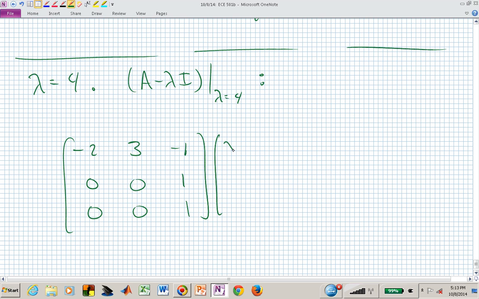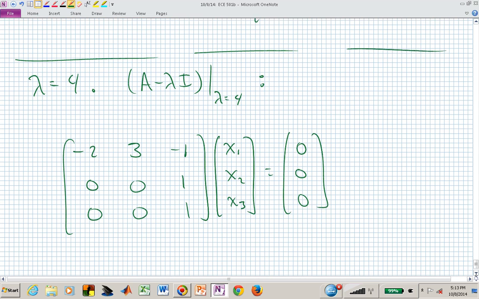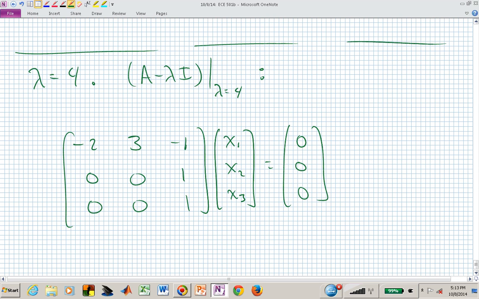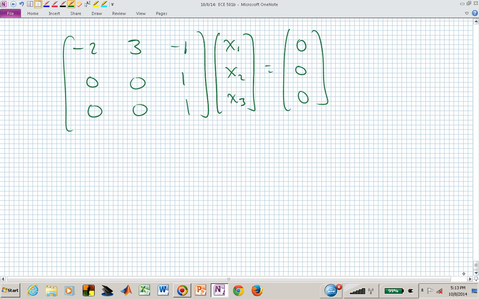And we now have x1, x2, x3 equaling 0. Now, how many linearly independent rows do we have here? Not that we need to know necessarily, but we have 2 dependent rows, don't we? The last 2 are exactly the same.